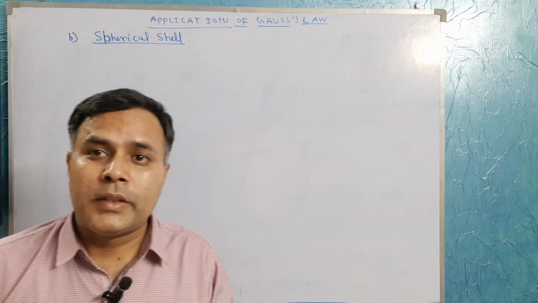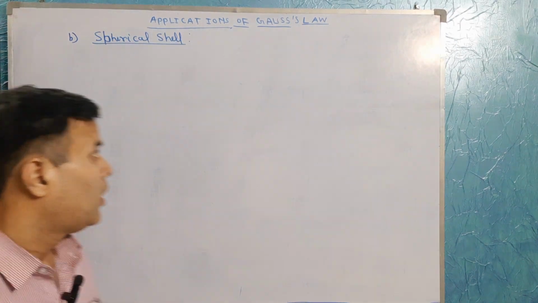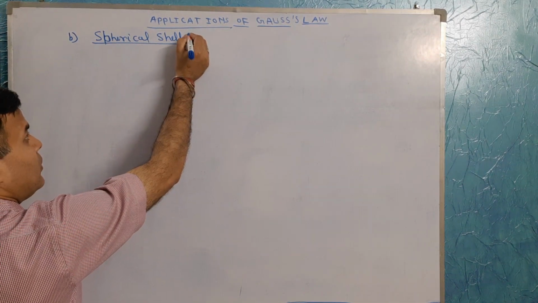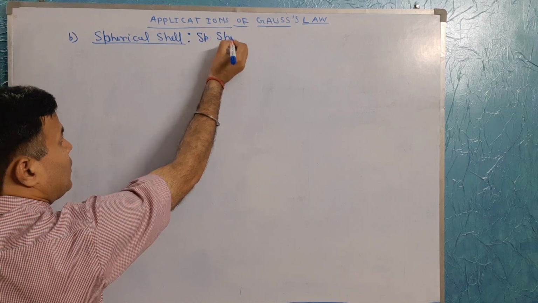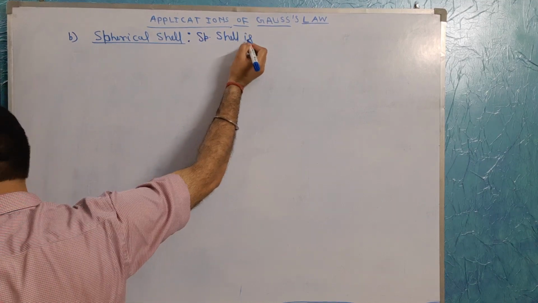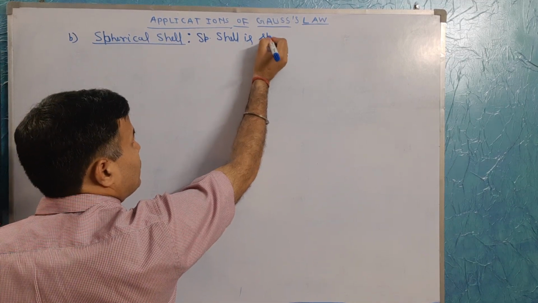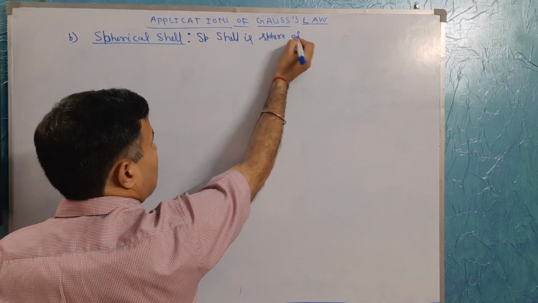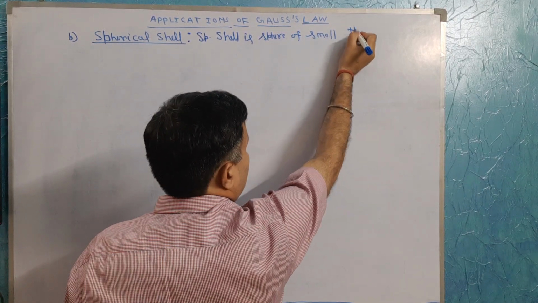So what is a spherical shell? A spherical shell is a hollow sphere of a small thickness.